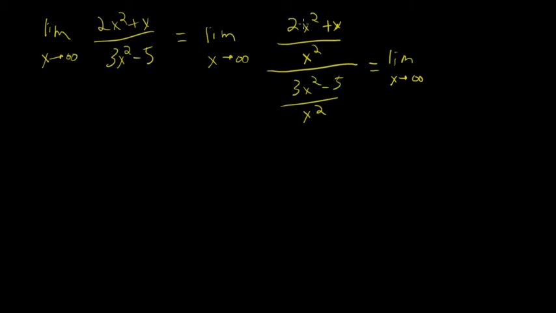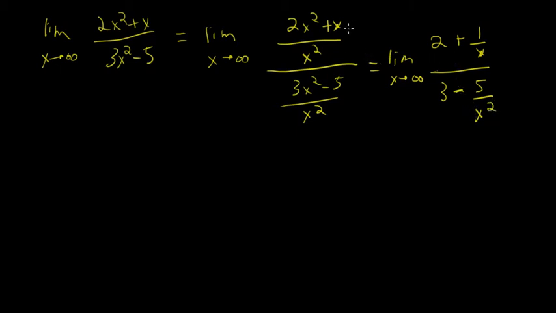So 2x squared divided by x squared is 2. X divided by x squared is 1 over x. 3x squared divided by x squared is 3, minus 5 divided by x squared is 5 over x squared.